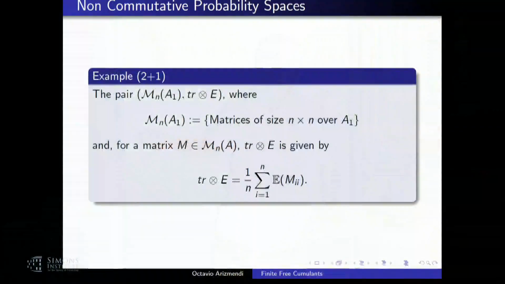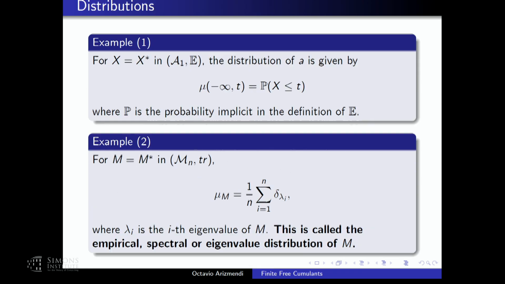And here, the usual linear functional that I consider combines these two, meaning I take the trace of the expectation, or the expectation of the trace, whatever you want to see. And this, of course, also satisfies the property that 1 is sent to 1. Here, the unit is the same unit as for the matrices.